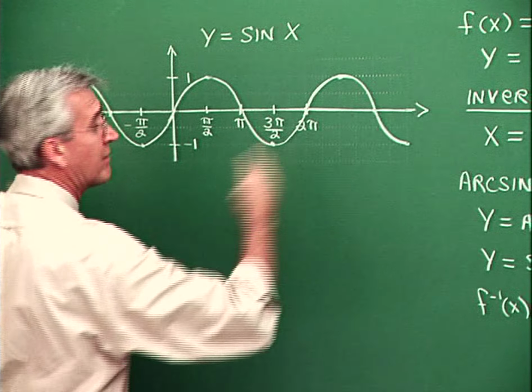So we're talking about a 30-degree angle here, and since this is negative, it's negative 30 degrees, or negative pi over 6. Excuse me, I said pi over 2, it's negative pi over 6 for 30 degrees.